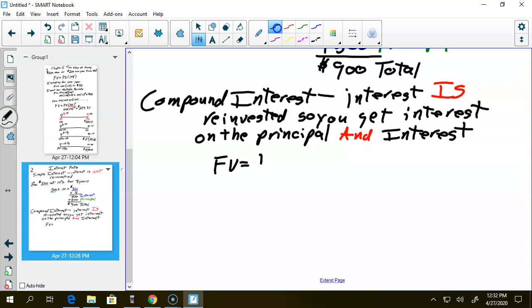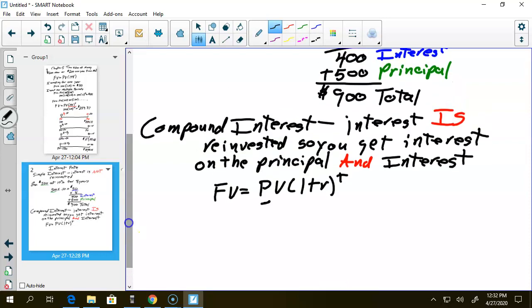Future value equals present value times 1 plus r to the t, okay? And so if we use this example that we had, we would have $500 times 1.10 for 8 years, okay?